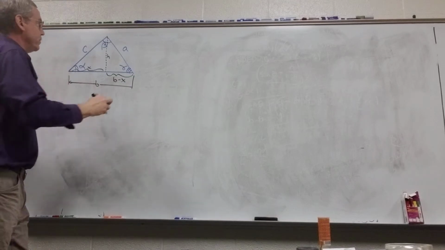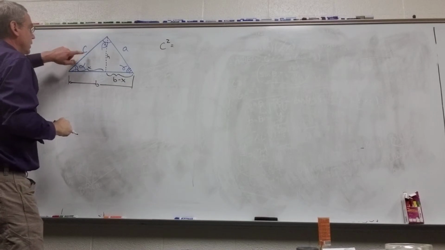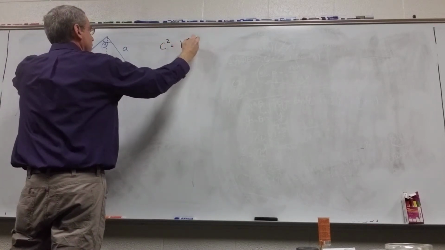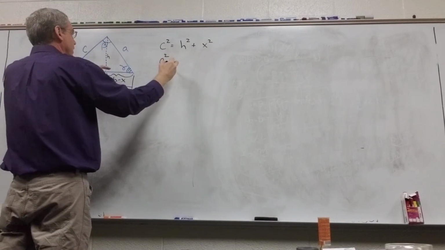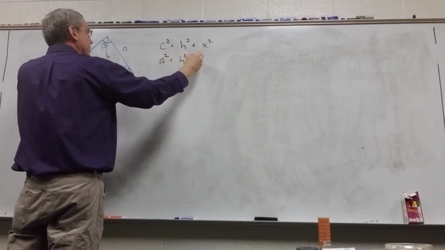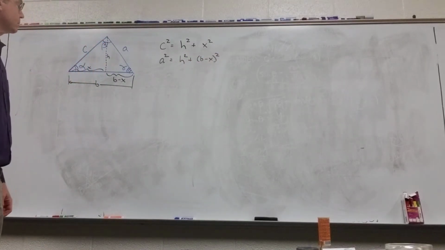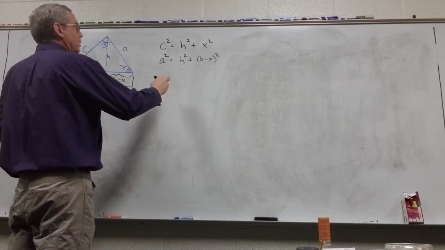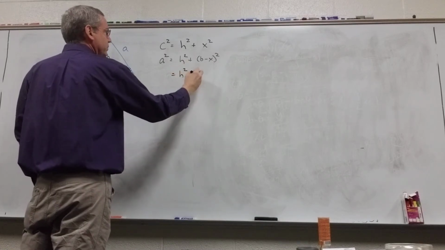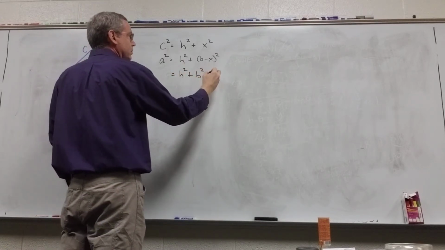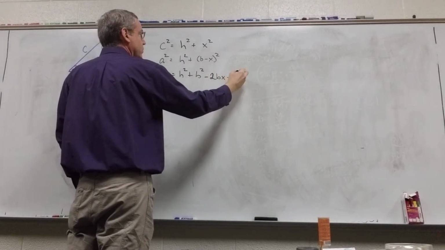I know from Pythagorean theorem that c squared is equal to h squared plus x squared. A squared is equal to h squared plus (b minus x) squared. So if I go ahead and multiply that out, this is equal to h squared plus b squared minus 2bx plus x squared.